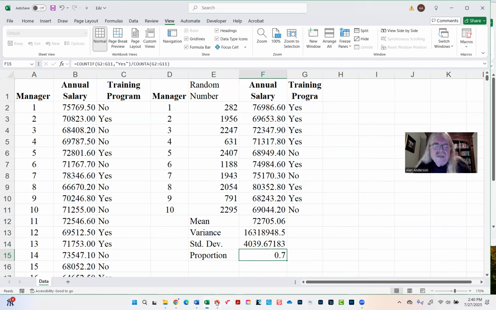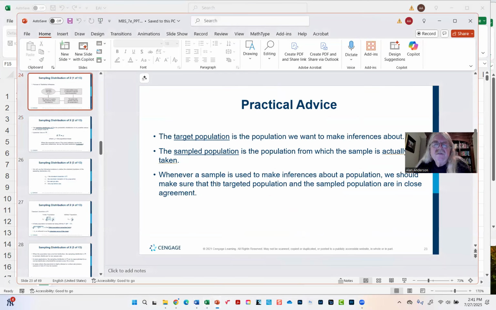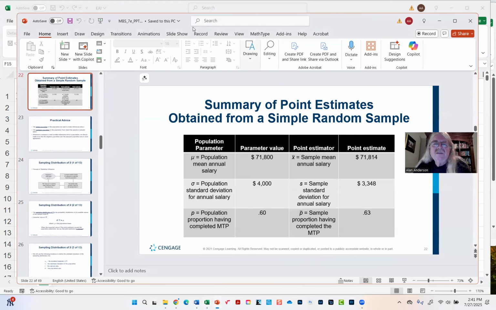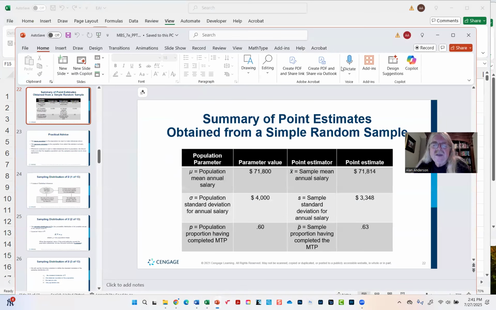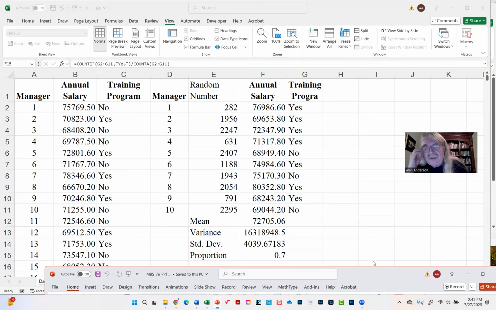Now, in the slides, they're telling us the population values. The first one is 71,800, not bad. They gave us the standard deviation of 4,000, not bad. And the proportion is 0.6, and we have 0.7. So even a sample of only 10 does a pretty good job of representing the entire population of 2,500.